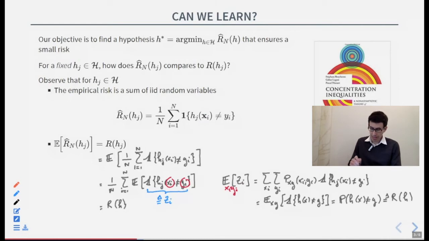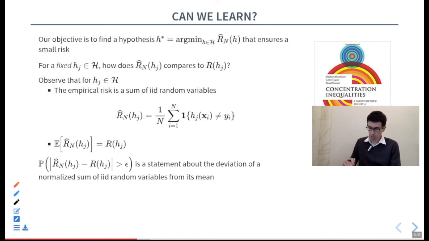So with all that at hand, we can put pieces of the puzzle together a little bit and make the following observation. If you ask the question, can you compute the probability that the empirical risk evaluated on your data set for model hj exceeds the true risk of the model hj by more than epsilon in absolute value?